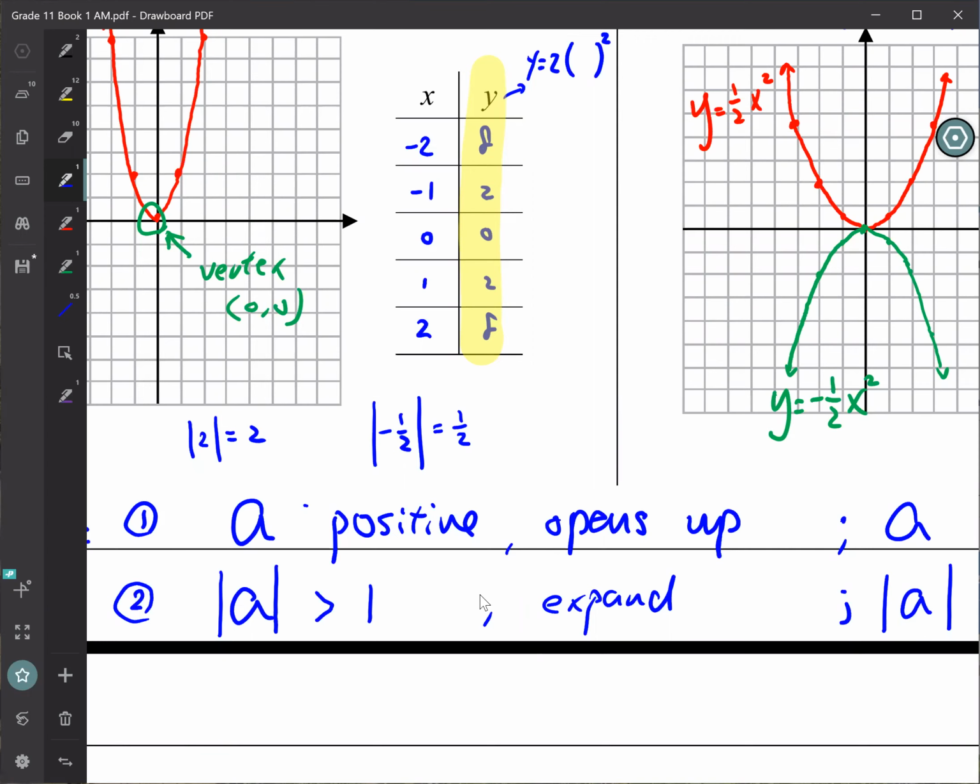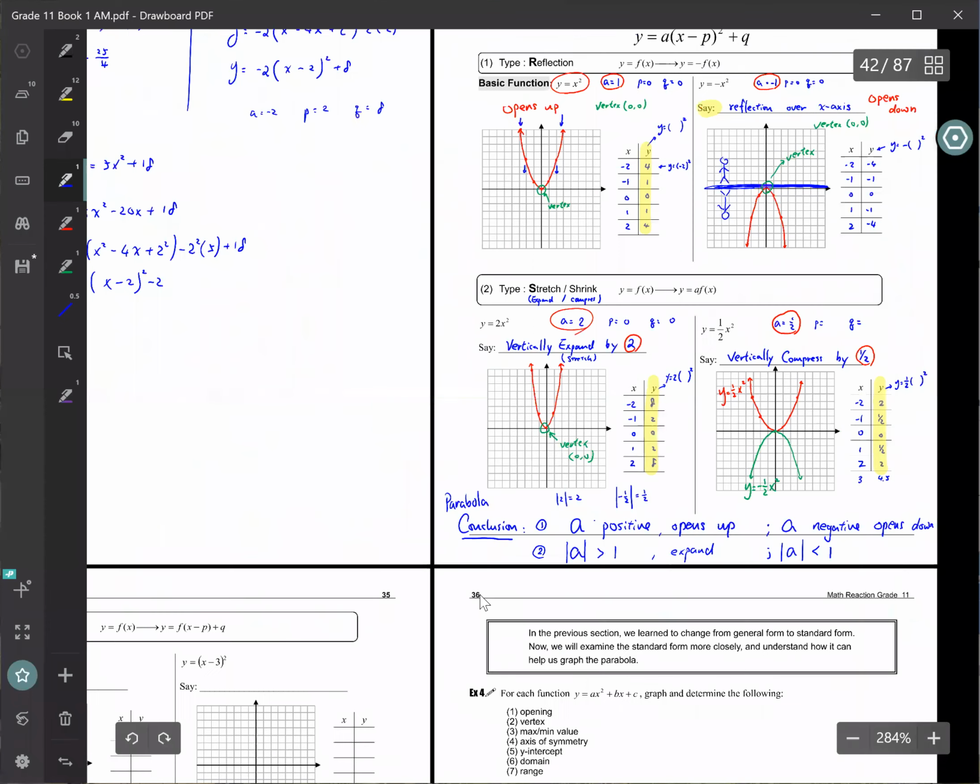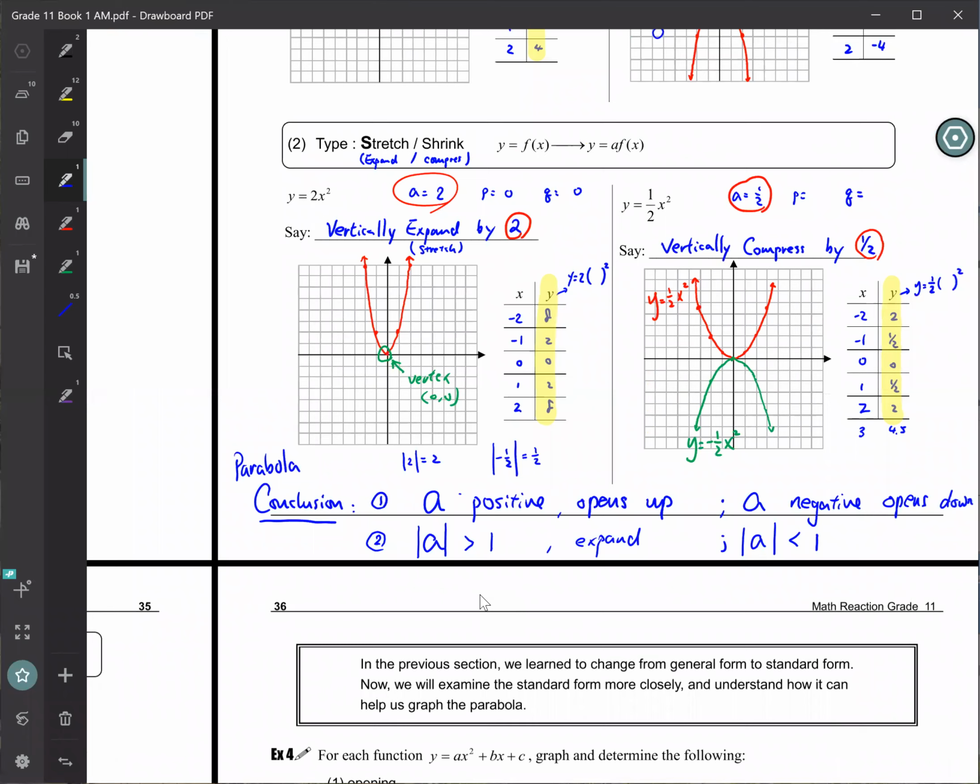Or if A is negative 0.7, right? Ignore the negative, it's 0.7, smaller than 1. Then this will make the parabola compress. So that's the 2 rules on this page.